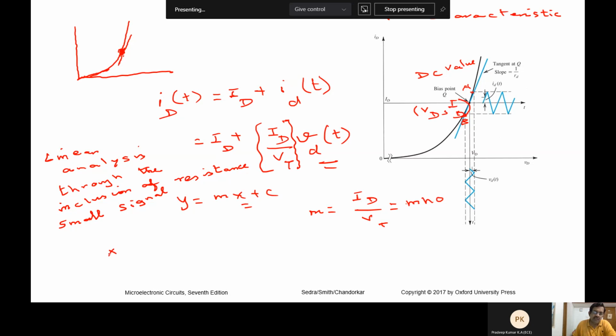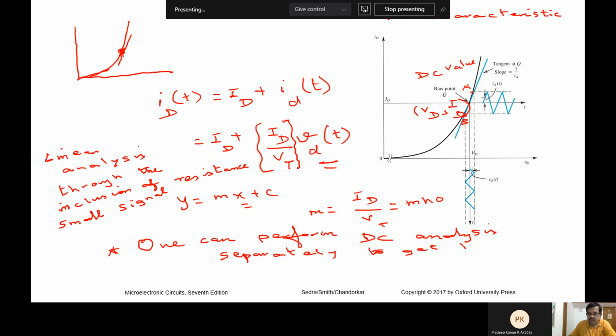Now, the second point, the most important implication, is that one can perform DC analysis separately to get the DC bias point, and then you perform the small signal analysis.